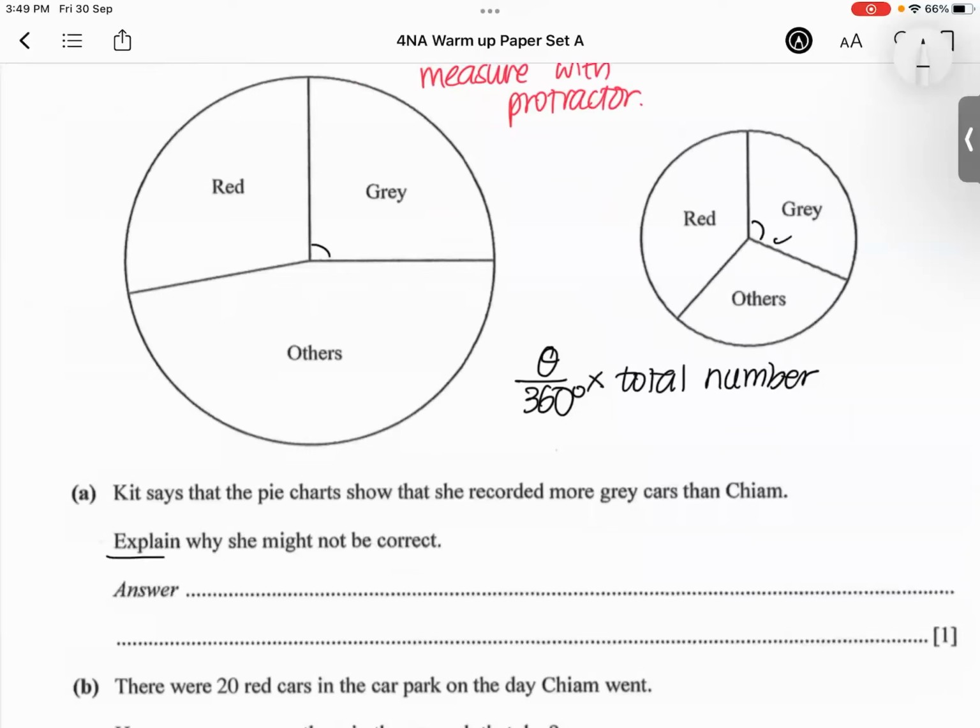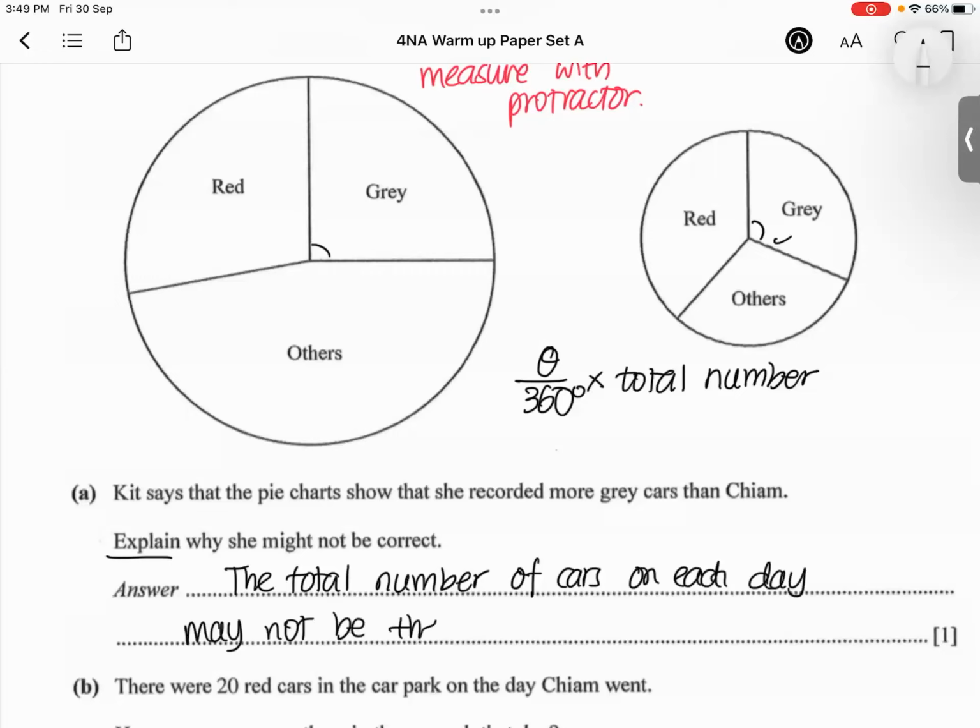So explain why she's not correct: the total number of cars recorded on each day may not be the same.